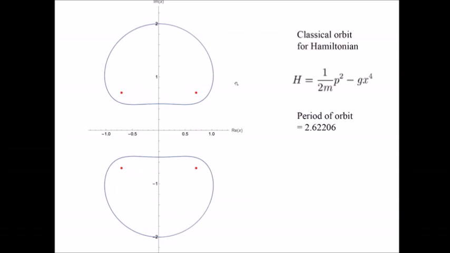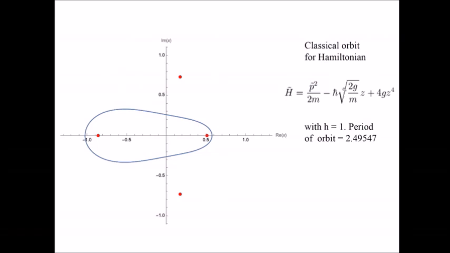And if you look at the classical motion, if we take the original potential and ask, how does this particle travel in the complex plane, it goes around like this. And if you ask, how does a particle travel in this potential, it goes around like this. But it's very interesting, although they have exactly the same quantum energies, all of the quantum energies of one potential are equal to all of the quantized energies of the other potential.